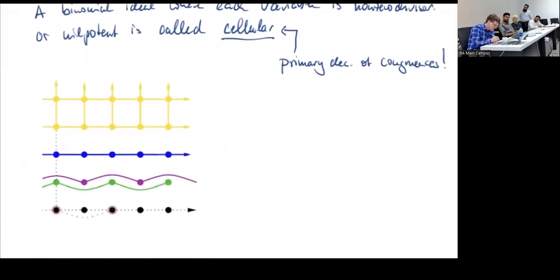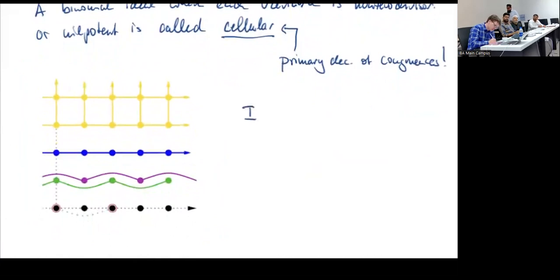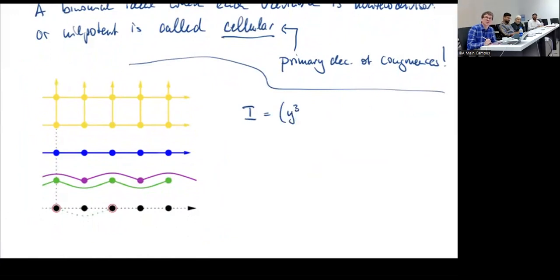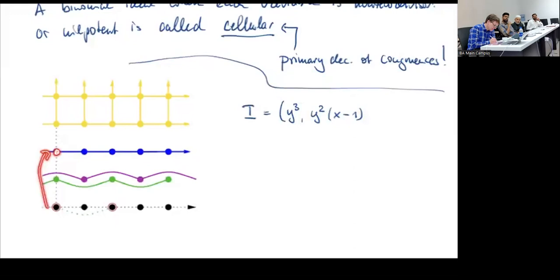Now let's say I equals, I go from the top. So there's y cubed, which is the golden area. Then at the y squared level, I see x minus 1. I derive that from the y squared level: I see y squared is connected to x times y squared.